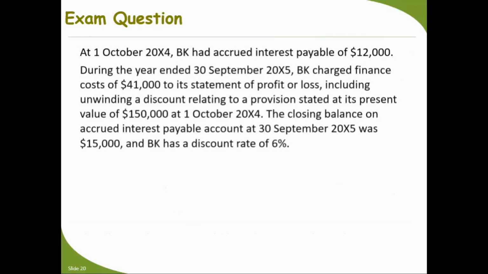During the year ended 30th September, BK charged finance cost of 41,000 to its statement of P&L, including unwinding a discount relating to a provision stated at its present value of 150,000 at 1st October.